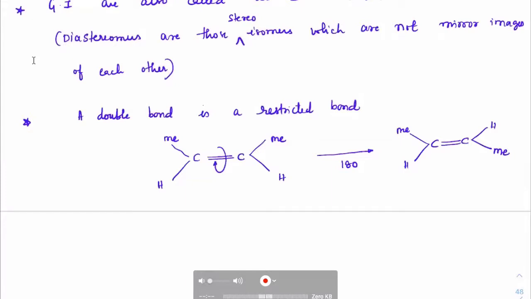To rotate this pi bond, we require at least 67 kilocalories per mole of energy, which is not possible at room temperature.